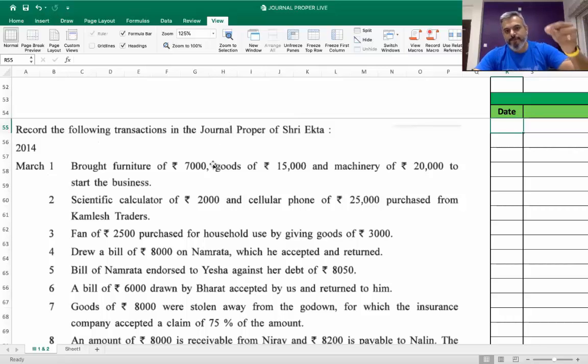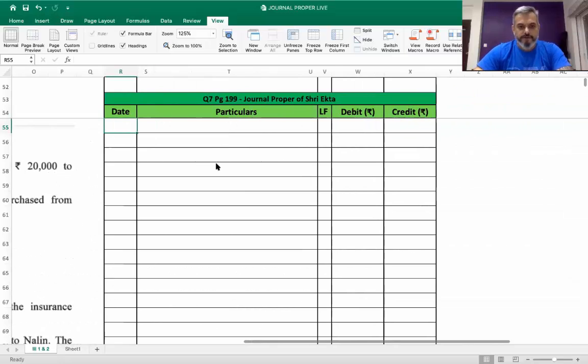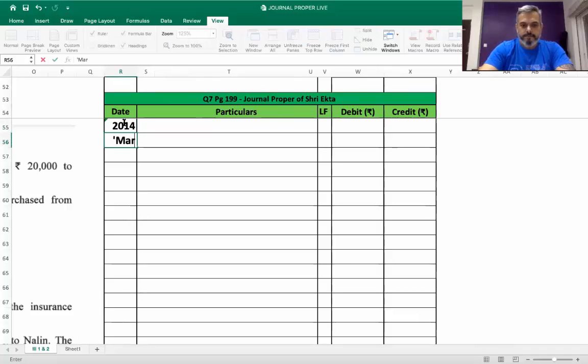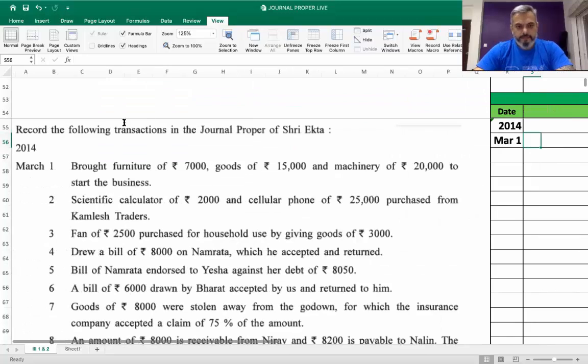So this type of entry is our opening entry. So 2014 March 1: furniture account debit, goods account debit, machinery account debit, to capital account credit.